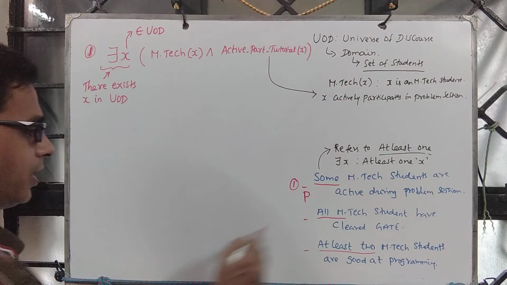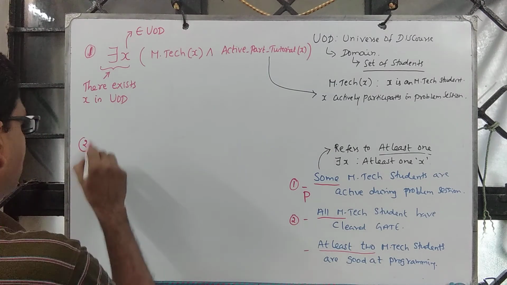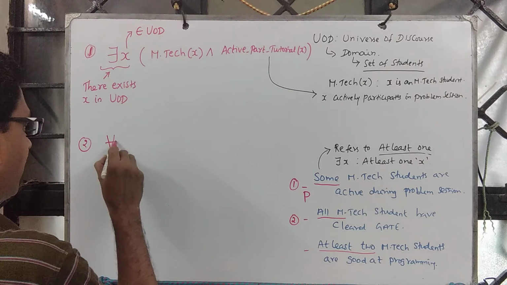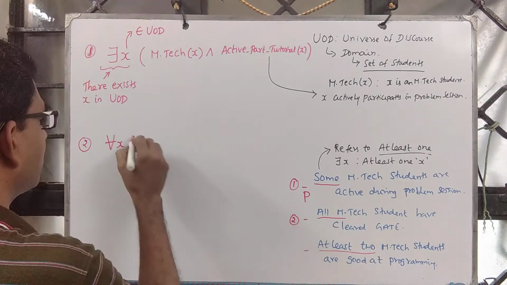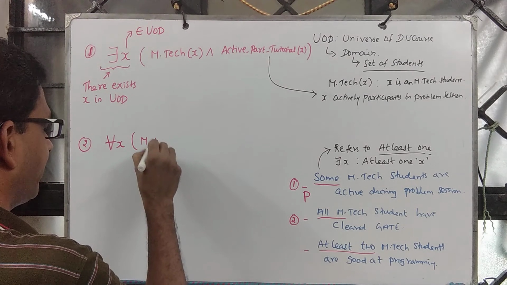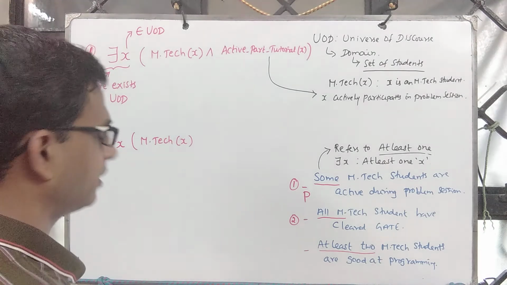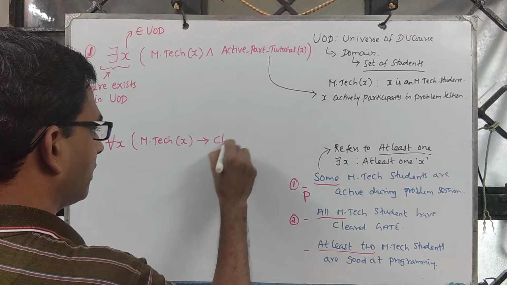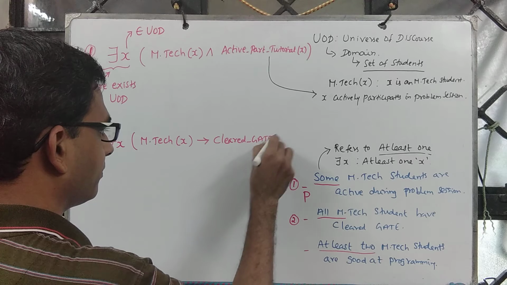Let's look at this. It's for all. So I say for each x is a student, in particular x is an MTech student. If that's the case, implies x cleared gate.